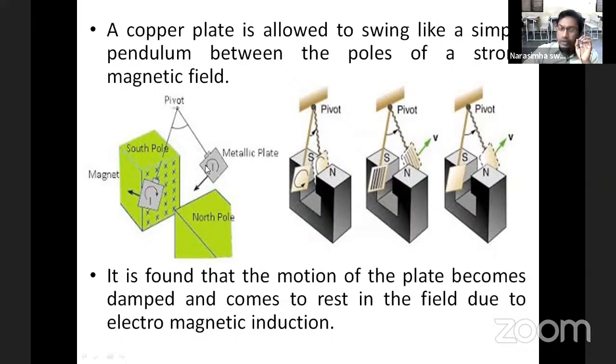But anyway, due to gravitation, this metallic plate will enter into the field, reach the center, and come out with the same gravitational force. It will move out of this field also. While it is moving out of the field, the direction of current is changed.